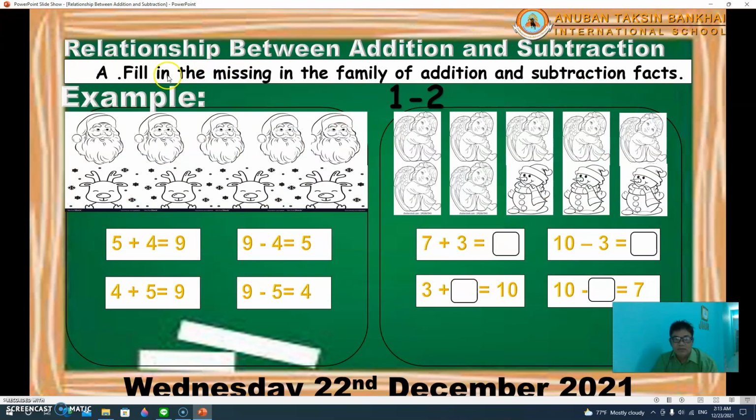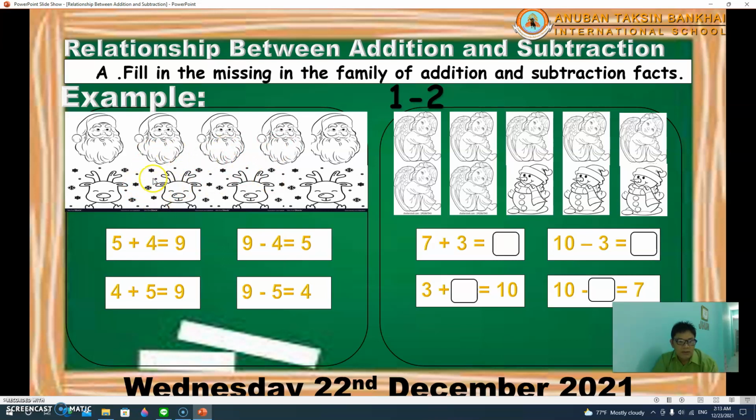You're going to fill in the missing numbers in the family of addition and subtraction facts. Here is an example with Santa Claus and a reindeer.